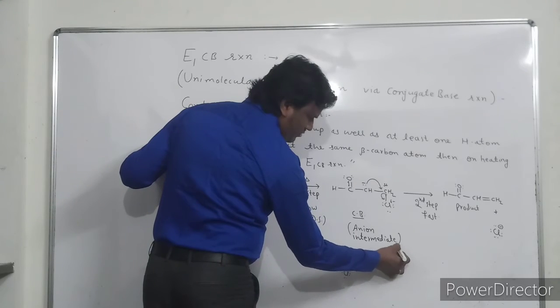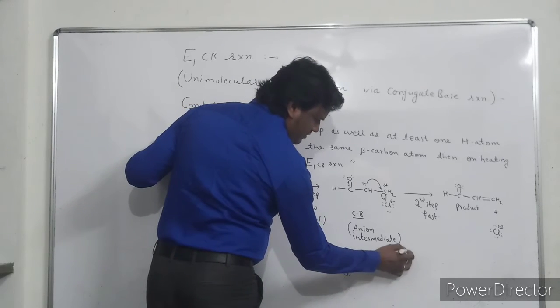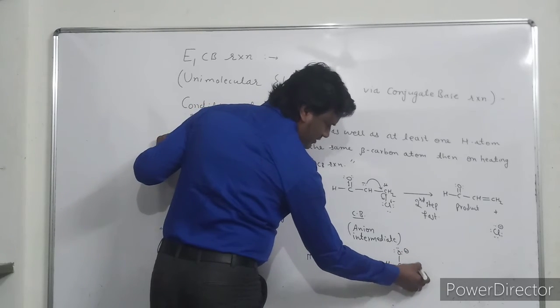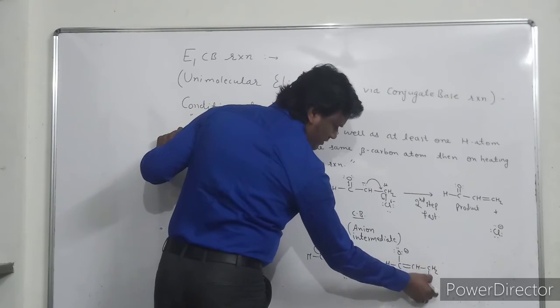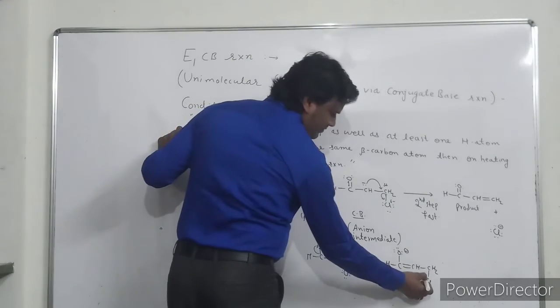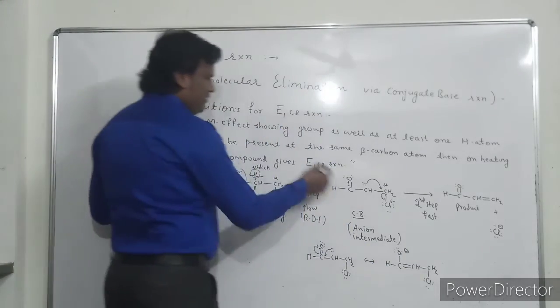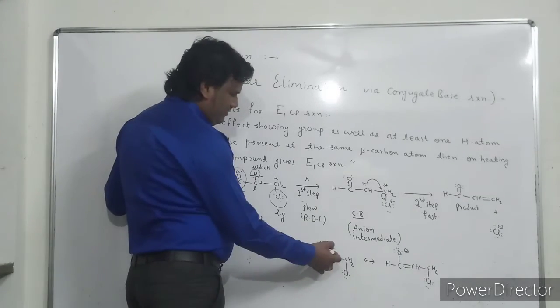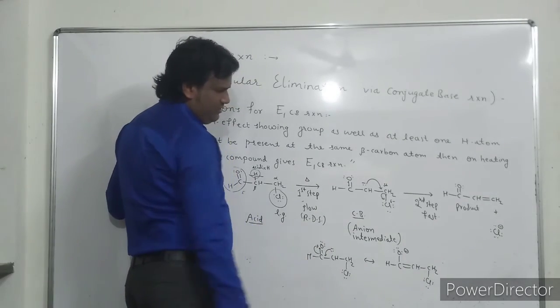HCO, minus charge, double bond CH, single bond CH2Cl. So the anion is formed easily. This is the acidic H because the negative charge of the anion is resonance stabilized.